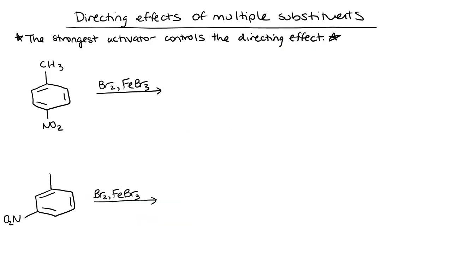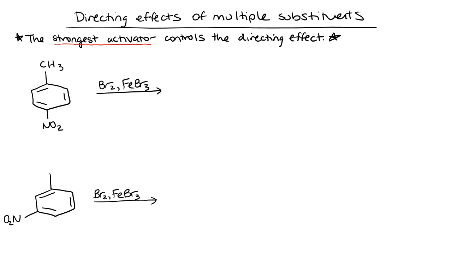Now, if you're trying to perform an EAS reaction on a benzene ring that has 2 or more substituents, the way that we determine the directing effects is by looking at the strongest activator. So the strongest activator on the ring is the one that controls the directing effect. So in our first example, let's take a look at the activating and deactivating abilities of our 2 substituents. So first, a methyl group is a weak activator.